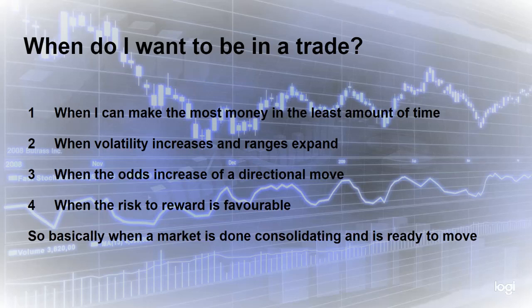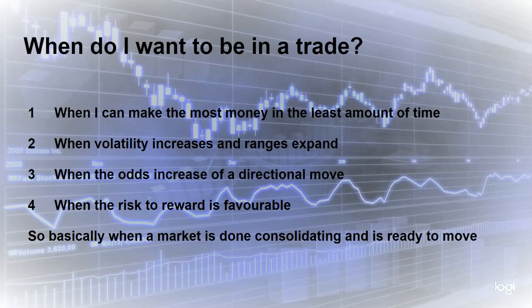When volatility is increasing and ranges are expanding, the odds increase that the market will keep moving in the direction it is moving in. As volatility is increasing and the market is trending in a certain direction, that increases the odds that it will keep moving that way, like we were talking about before with reflexivity and the underlying feedback loops of how the system works.